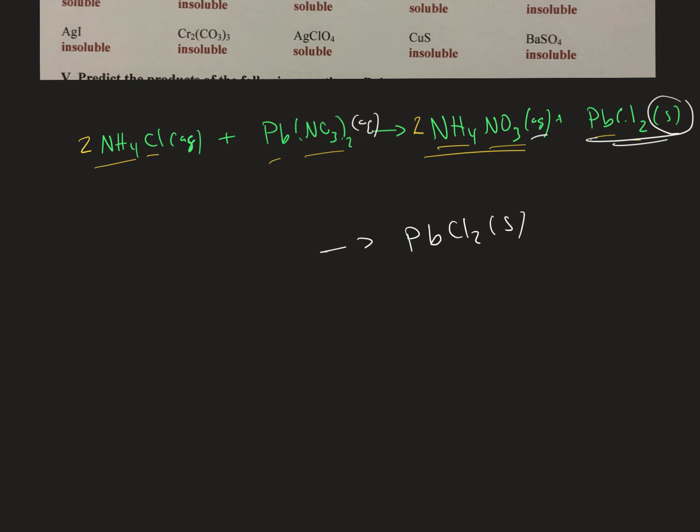And how do we get that? 2 chlorides and 1 lead 2 plus ion. Good? How are we feeling? Okay, it's still balanced. If we balance it, it's still going to be balanced when we write the net ionic equation.